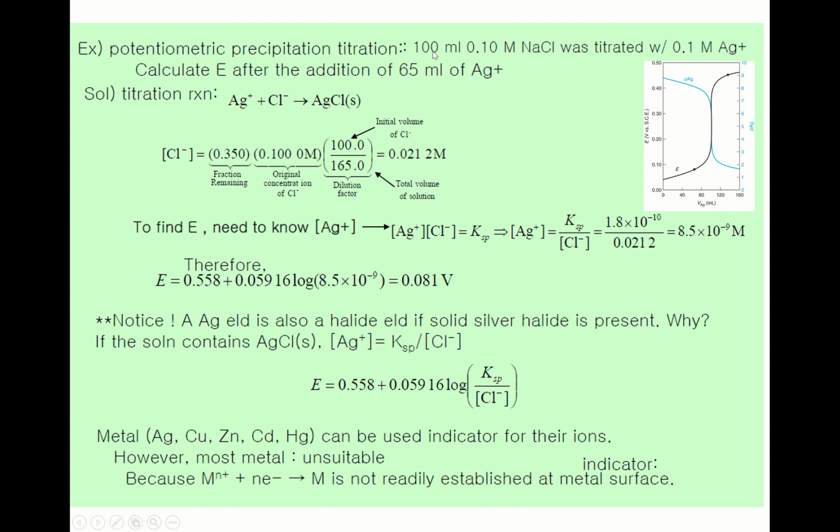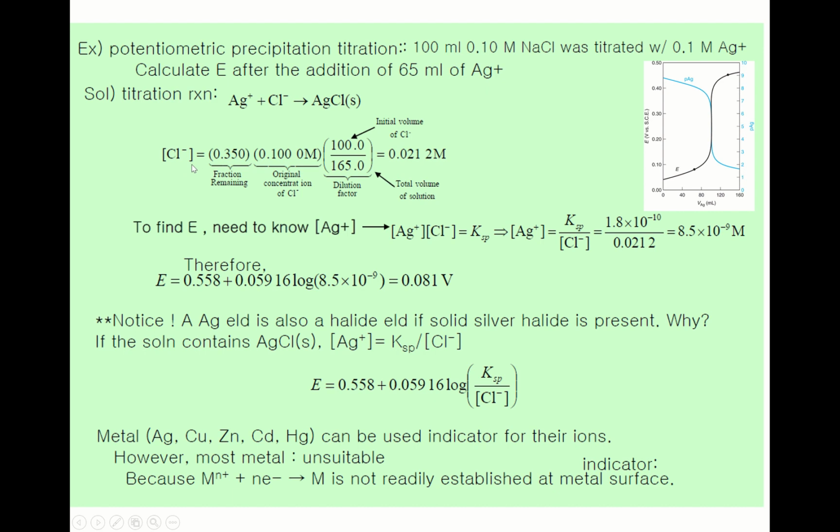Originally you have 100 milliliters of 0.1 molar sodium chloride. The reaction is this one. And then what is the chloride ion concentration inside the solution? After the silver ion is added, the chloride ion concentration changes. So first let's calculate the chloride ion concentration.